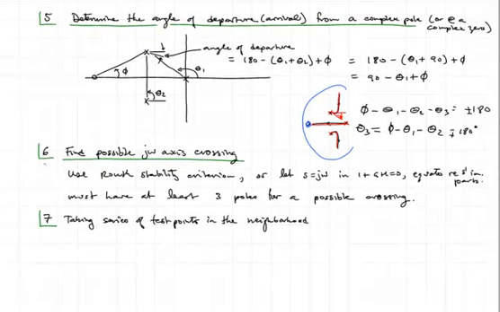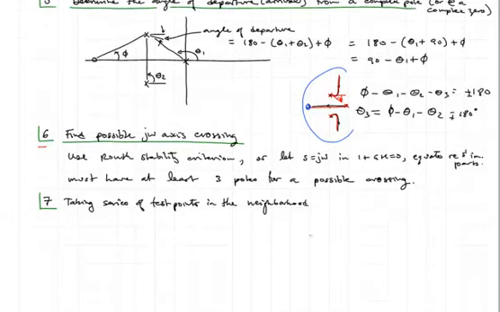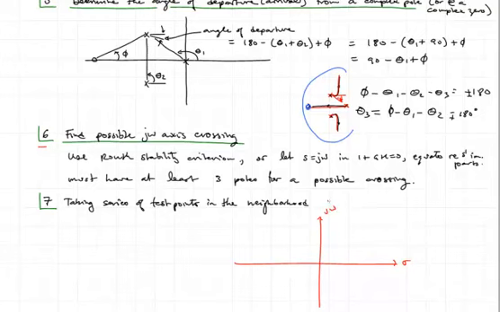All right, next would be to find the possible j omega axis crossings. So if it turns out that your root locus plot takes on some asymptotes, this is poorly drawn, but say plus 60 degrees and minus 60 degrees, at some point the locus will actually cross the j omega axis right here and right here.